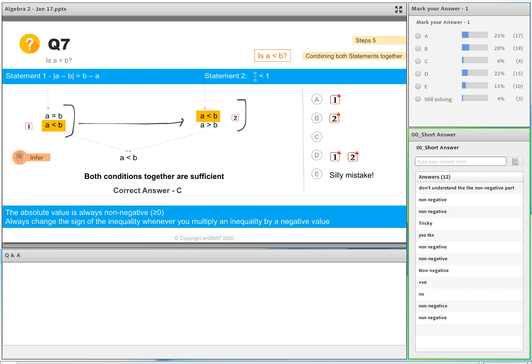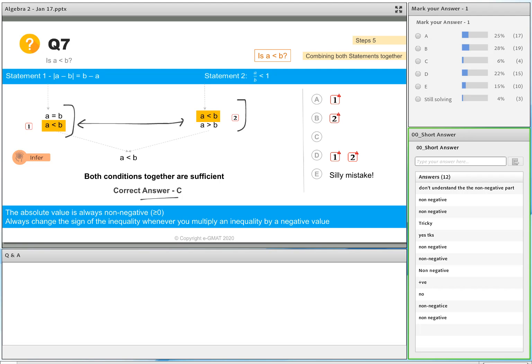The common part over here is A being less than B. So we can answer the question whether A is less than B or not if we combine both the statements together. And that is the reason choice C is the answer for this question. And as per your responses, only 4 of you, that is 6% of you, got this question correct.